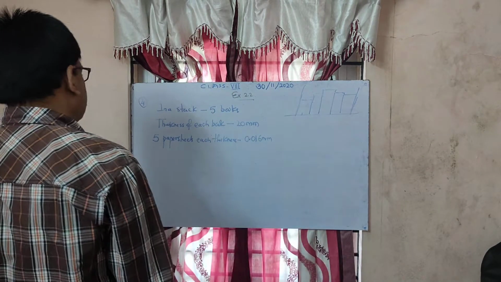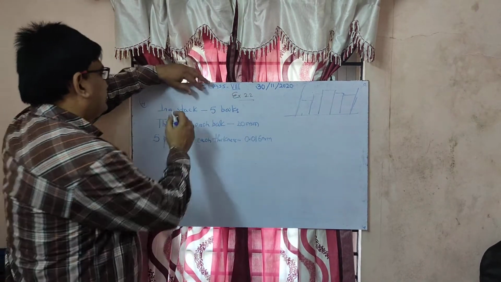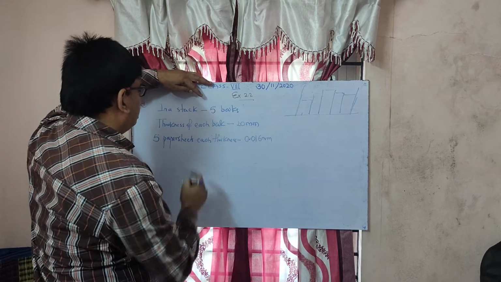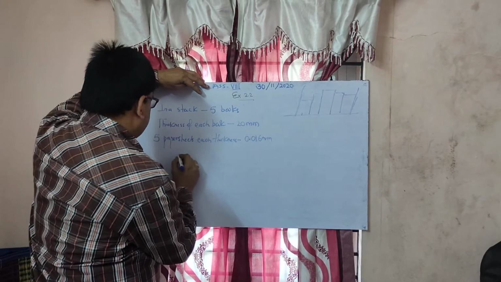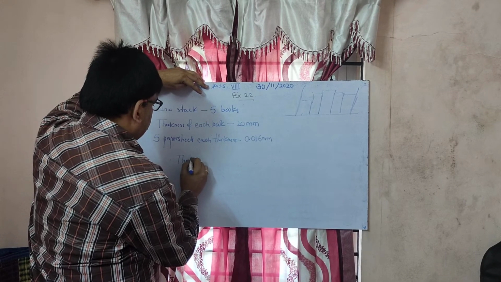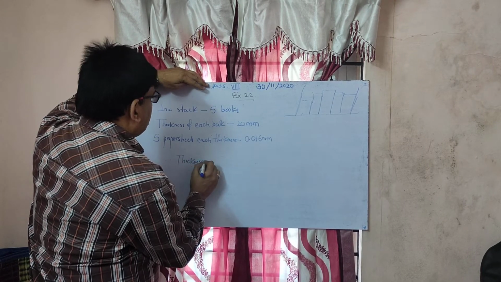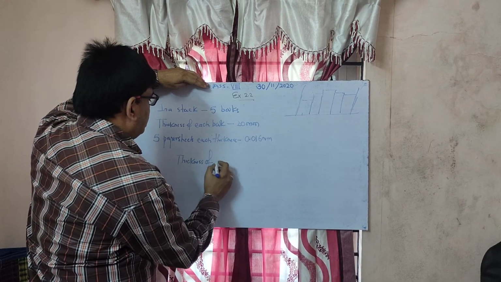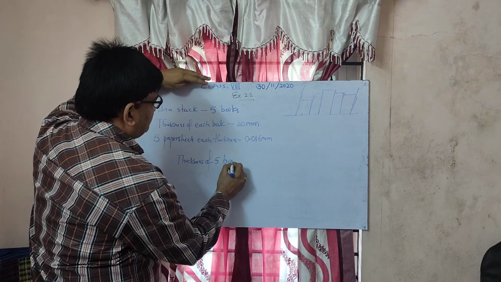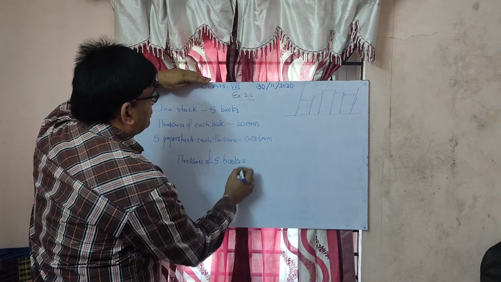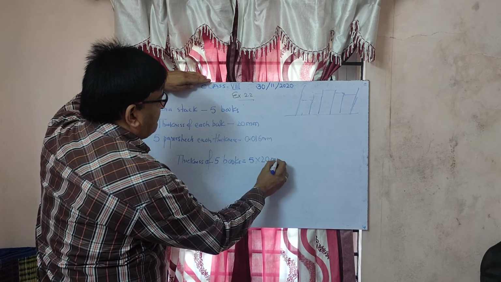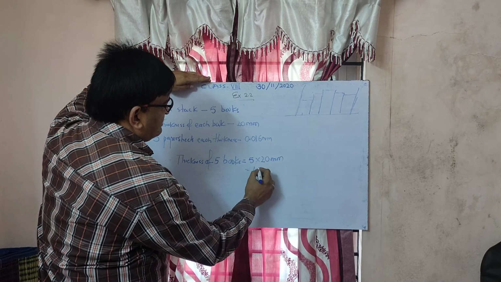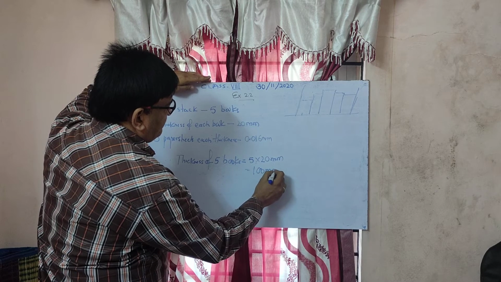Okay, now in the stack there are 5 books, and we know the thickness of each book. Therefore, thickness of 5 books is equal to 5 into 20 mm. That is 100 mm.